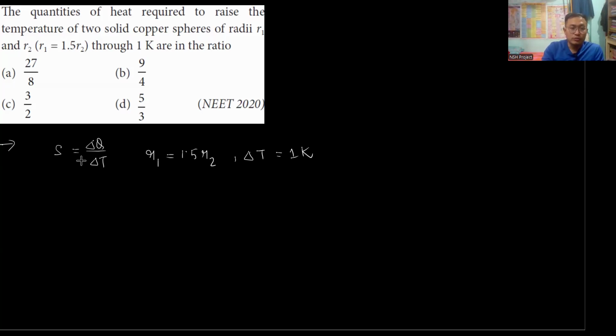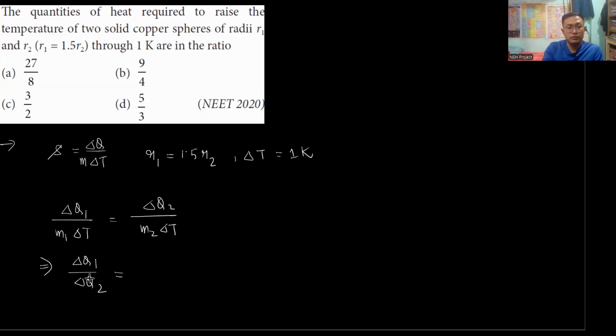Okay, fine. So here let's do one thing. We write mass and S. So delta Q1 by M1 delta T is equal to delta Q2 by M2 delta T. Now the quantities of heat required to raise the temperature, so delta Q1 by delta Q2 is equal to M1 by M2.